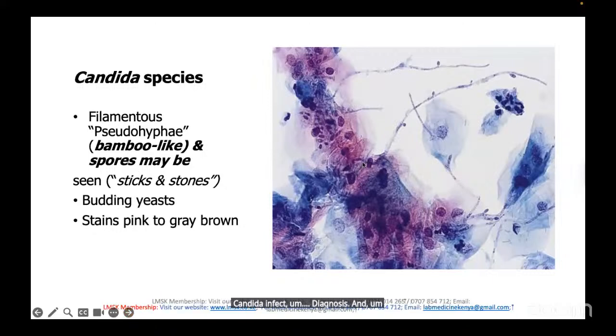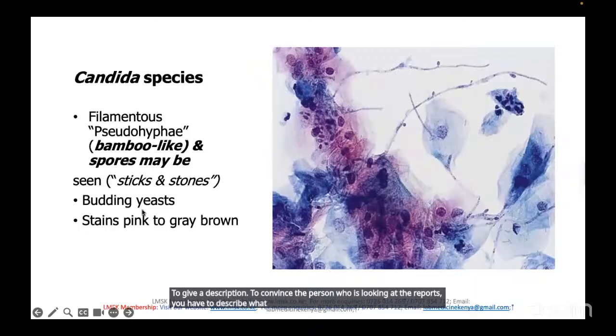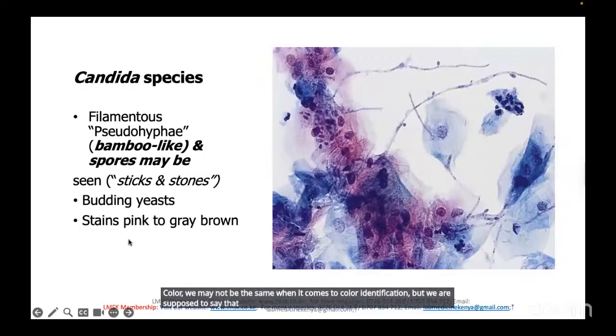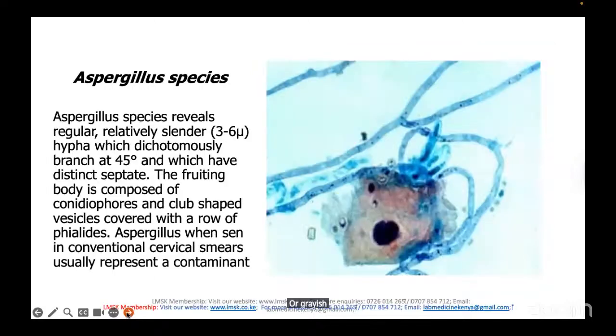And also, to give a description to convince the person who is looking at the reports, you have to describe what you are seeing. So they stain pink to grayish brown. We may not be the same when it comes to color identification, but we are supposed to say that they look pink or grayish brown.